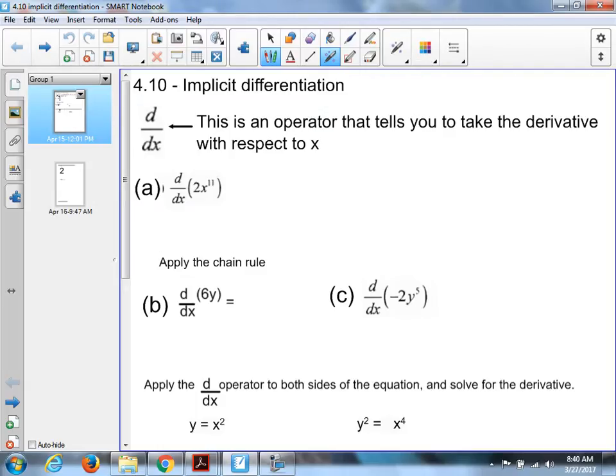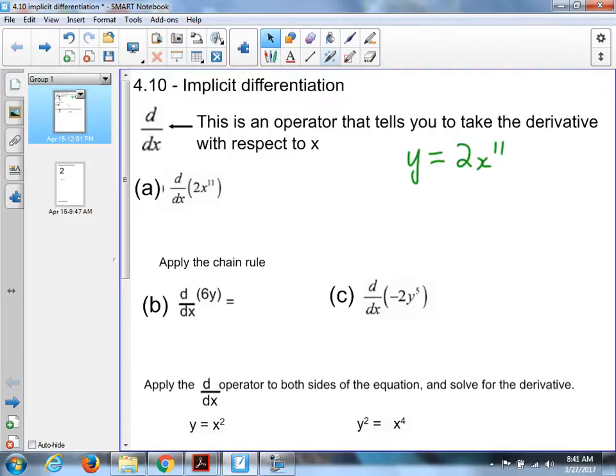Now, so far you've seen this operator before, but you've always just glued it onto the letter y, haven't you? Without thinking about it, you just put dy by dx in. You weren't supposed to think anything about it. Now consider this. If I said that y is equal to this, what would you normally do?